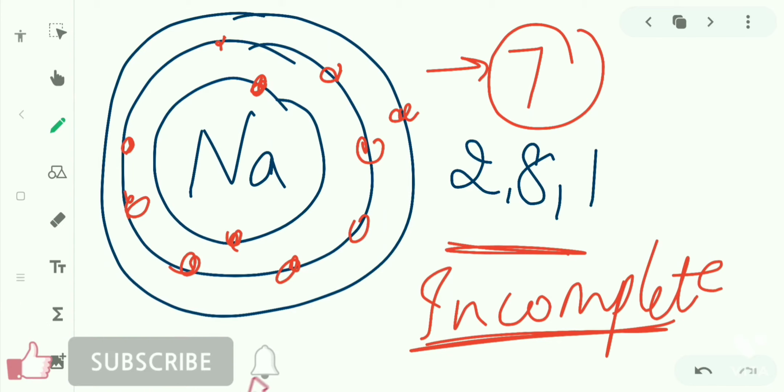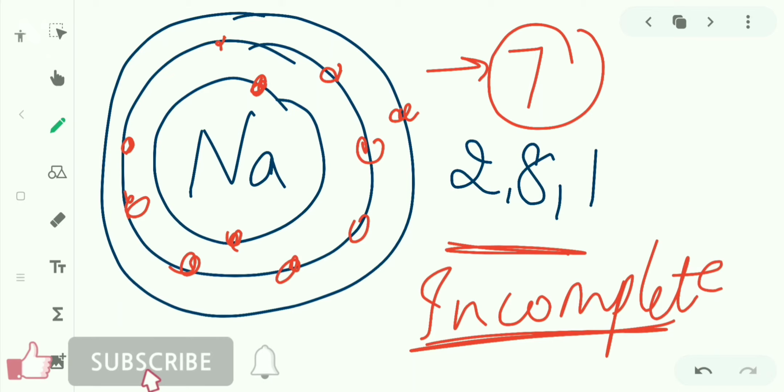Okay, so I guess you understood what is periodicity and what is the cause of periodicity. There is some more description about periodicity in your textbook. In a particular group, electrons in the outermost orbit remain the same.